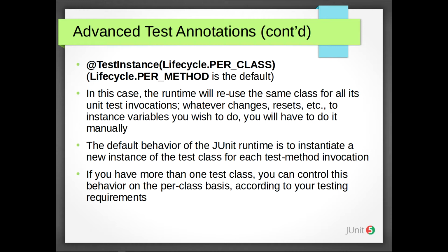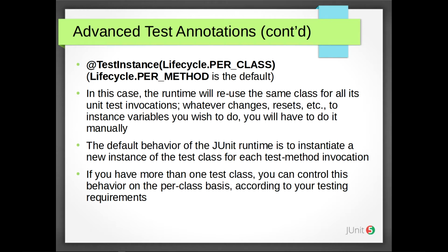In this case, @TestInstance(Lifecycle.PER_CLASS), the runtime will reuse the same class for all its unit test invocations. Whatever changes, resets, etc. to instance variables you wish to do, you will have to do it manually, if they are needed.